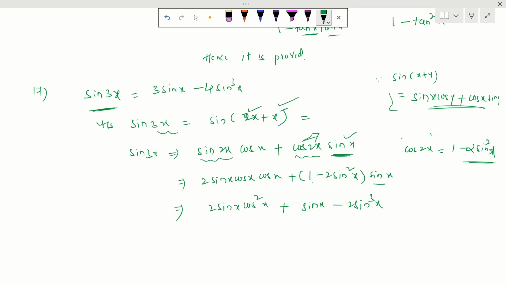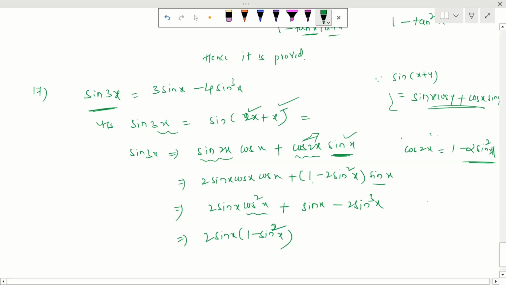Now this cos square x, how can we write it? We can write cos square x as 1 minus sin square x, because cos square x plus sin square x is 1.